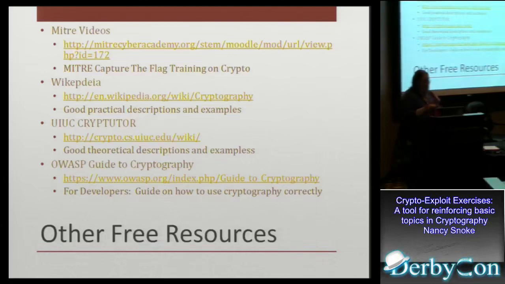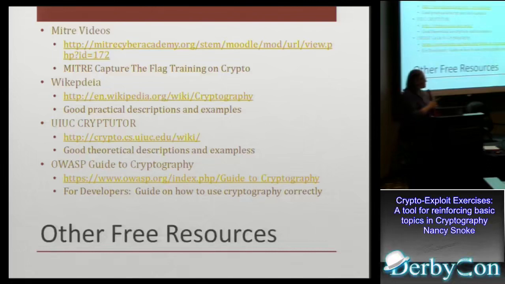I actually did use Wikipedia a lot for looking up stuff in cryptography. They have fairly good articles about different algorithms if you just want to understand how they work. If you're interested in the theoretical aspect of a hash collision or something, I can recommend Cryptutor from the University of Illinois Urbana-Champaign, UIUC.